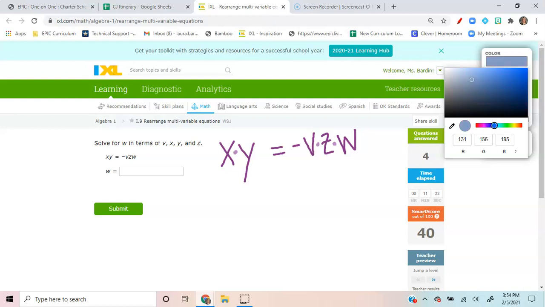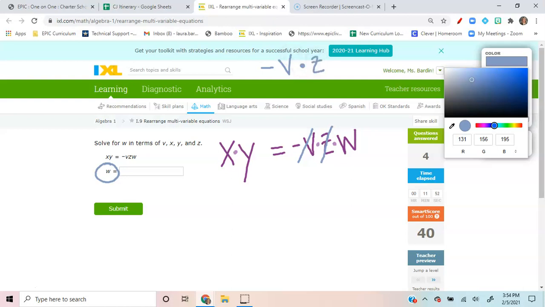So it says I want to get w by itself. Well, what am I going to move? I find out what side of the equal sign my w is on, and I move everything else by opposite operation. So I'm going to move those two. What is the opposite of times a negative v? So let me write this out for you. Negative v times z.